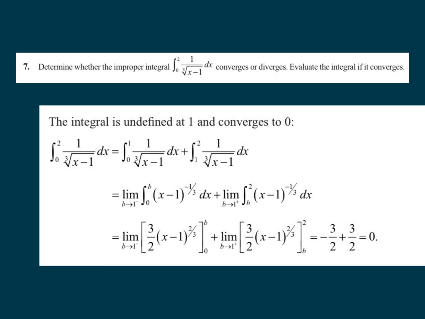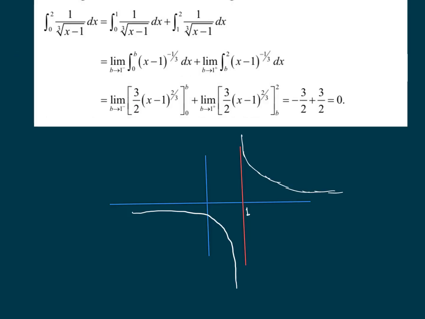Let's do a picture. The picture is like this. This is the graph of the function as you approach 1 from the right, so this is the b. As b goes to 1 negative, b goes to here, on the left side of the 1, from 0 to 1 minus.